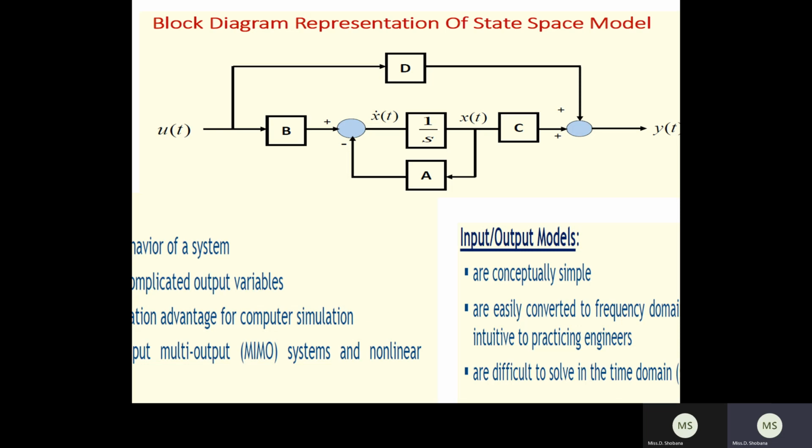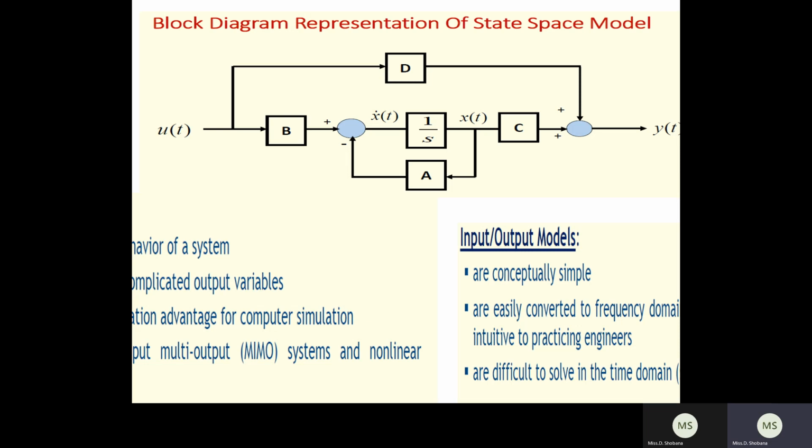The transfer function model is implemented only for single input single output systems, with linear time invariant systems. But the state space model overcomes that disadvantage. That's all. The input output model is conceptually simple, and it is very easy to convert to frequency domain transfer functions.